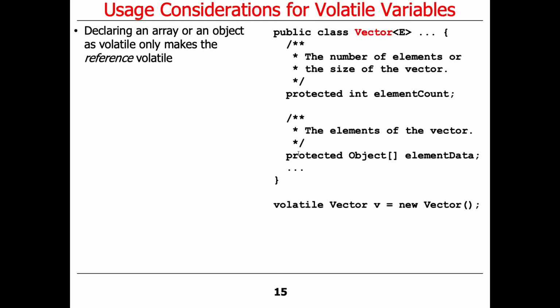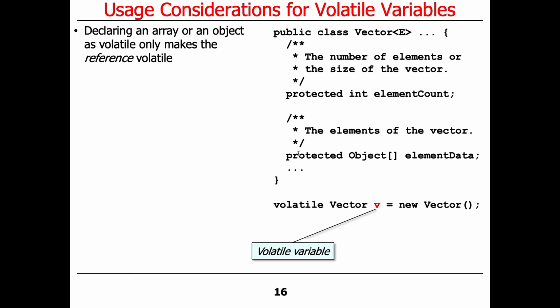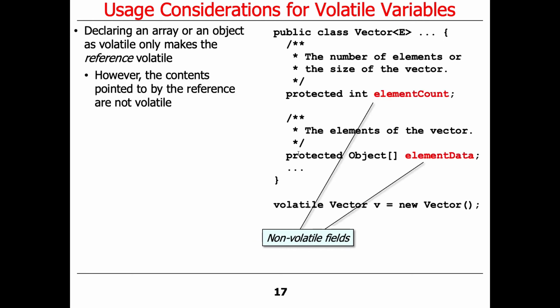So here's an example where we would have the vector class, and as you can see here, the vector class is going to have a bunch of fields in it, and in this particular case, we're saved because vector is synchronized, but the point is that defining vector v to be volatile by itself doesn't make the operations here guaranteed to be accessed atomically.